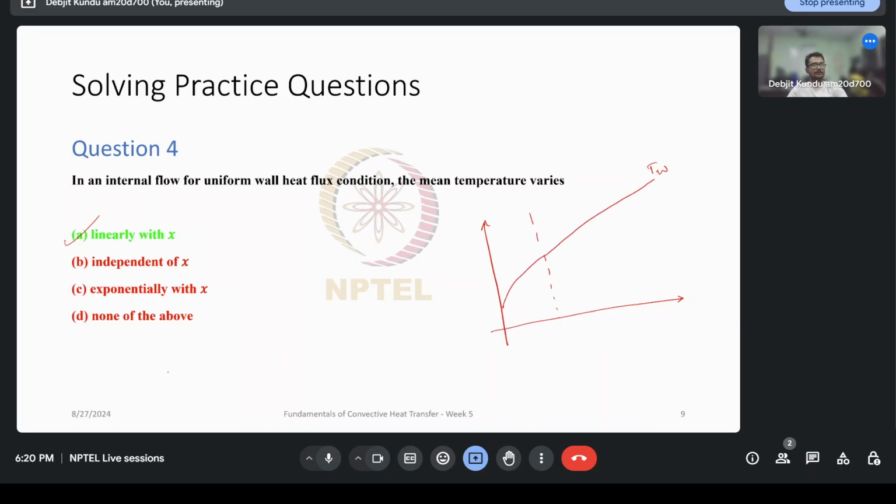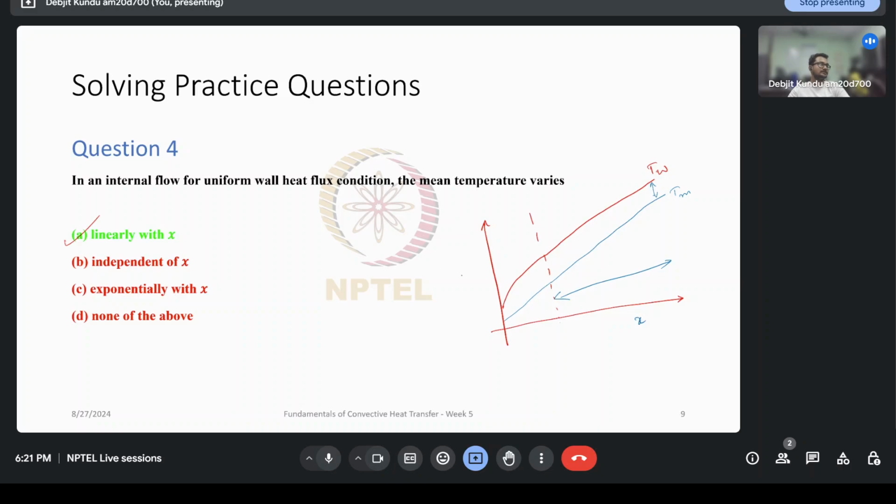This is T wall, and in order to maintain a constant heat flux, the temperature difference between the wall and the bulk mean temperature has to be the same as well. Here it will be something else, but that doesn't matter. We will focus only on the fully developed region. There, it varies linearly with x.